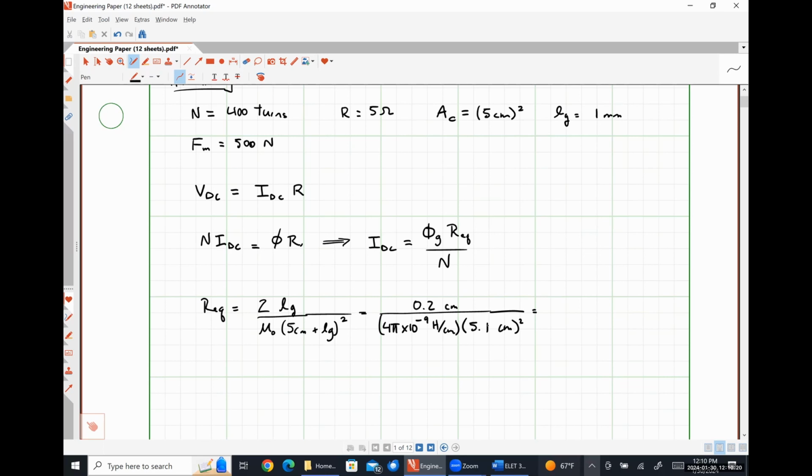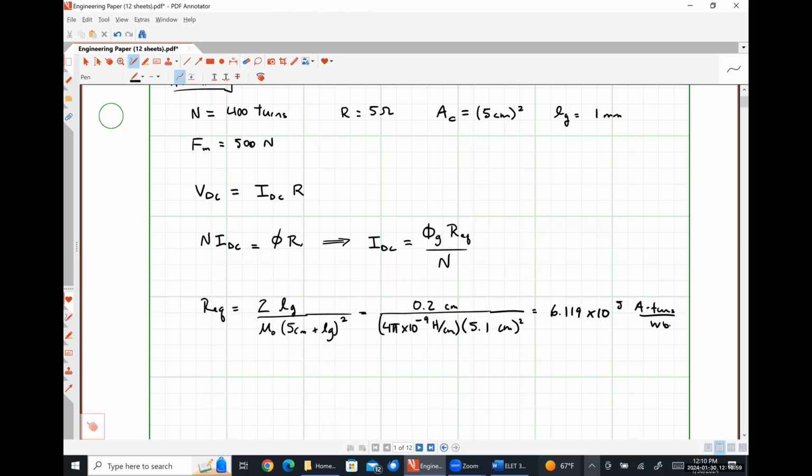So 0.2 over 4 pi times 10 to the minus 9 times 5.1 squared gives 6.119 times 10 to the 5 amp turns per Weber. Alrighty, so we figured out our equivalent reluctance.